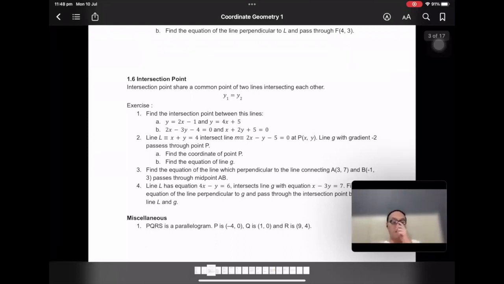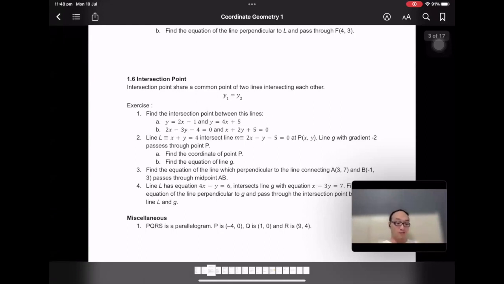And now we can find the intersection between two lines. Of course, they must not be parallel. If they are parallel, there is no intersection. So if they are not parallel, they will have one intersection point.